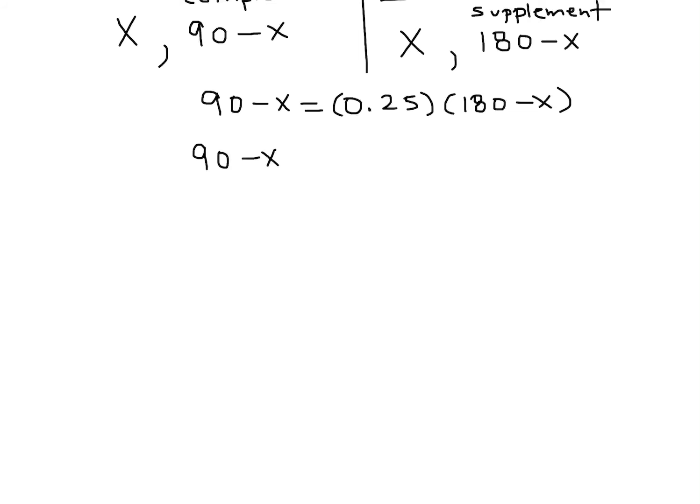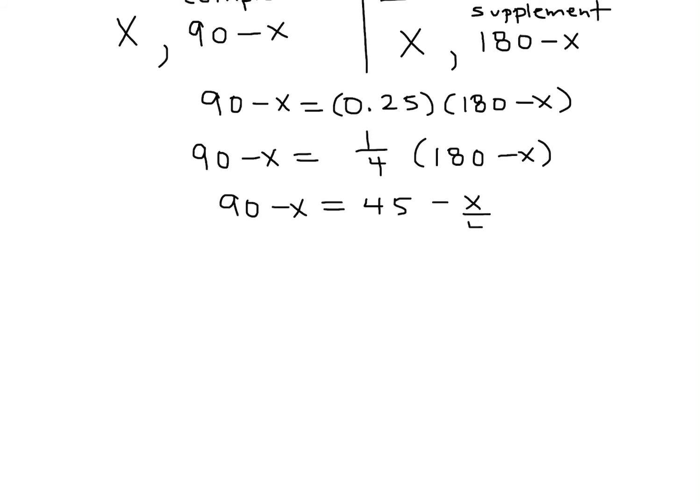90 minus x, you want to use a fraction, let's say use a quarter, of 180 minus x, like that. So we have 90 minus x is equal to 180 divided by 4, which is 45, minus x over 4.